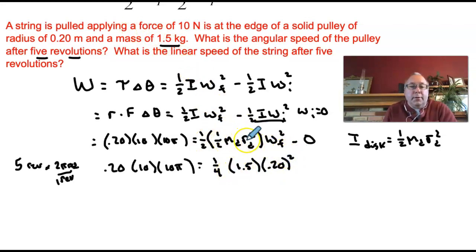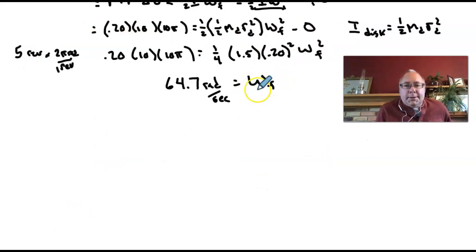So we've taken care of all of these terms, and what we're left with is our unknown, omega_f squared. That gives us a final angular velocity of 64.7 radians per second.